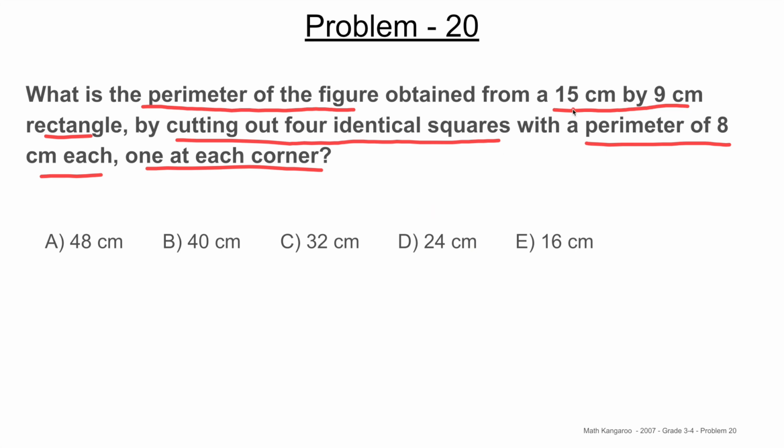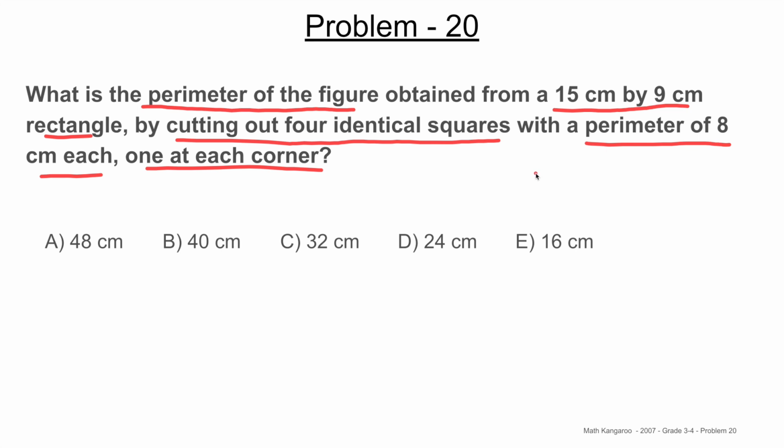We start with a big rectangle that is 15 cm by 9 cm, but wait, we cut 4 identical squares from each of its corners. Each of these small squares has a perimeter of 8 cm. Our mission: find the perimeter of the new shape after cutting the corners.